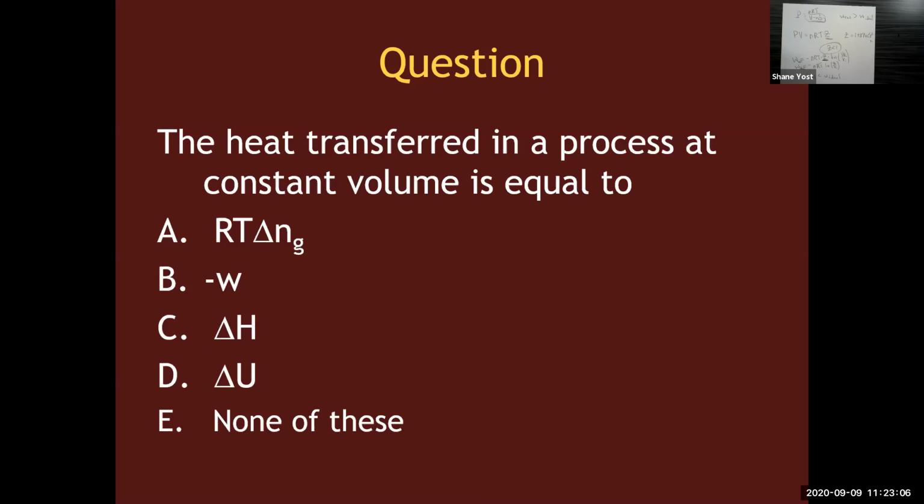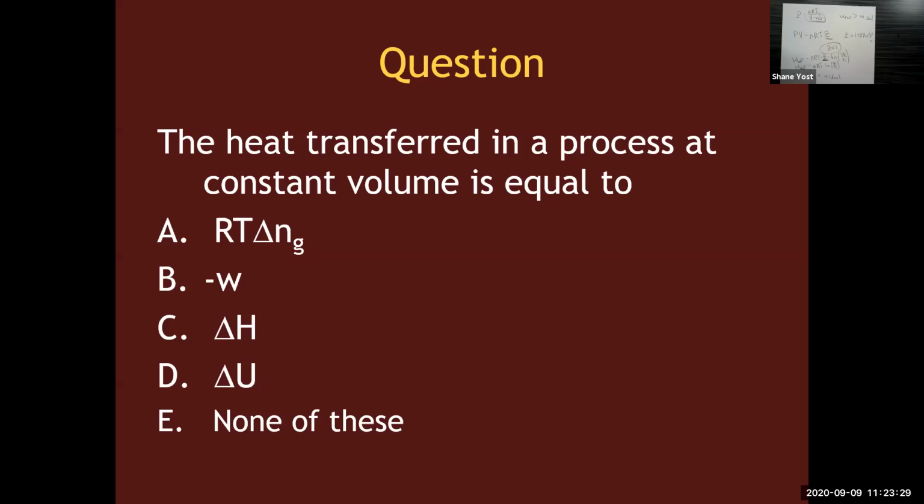How much work is going to be done if I transfer heat at constant volume? 0, right? No work is done. If no work is done, Q is going to equal what under those constant volume conditions? Delta U, right? This question wasn't designed to be tricky. We talked about it a couple slides ago.